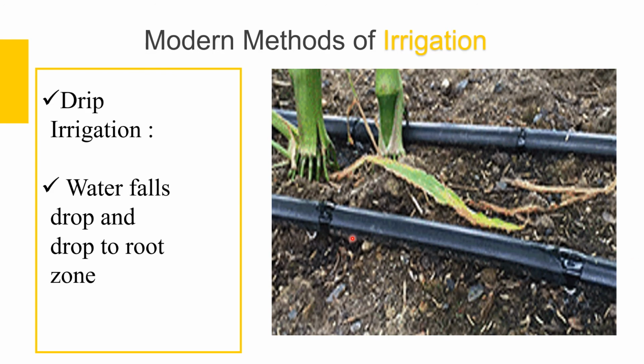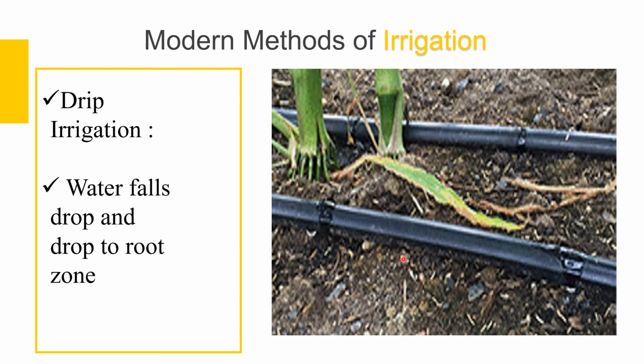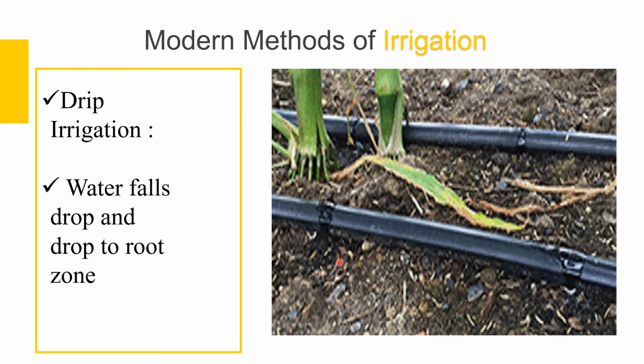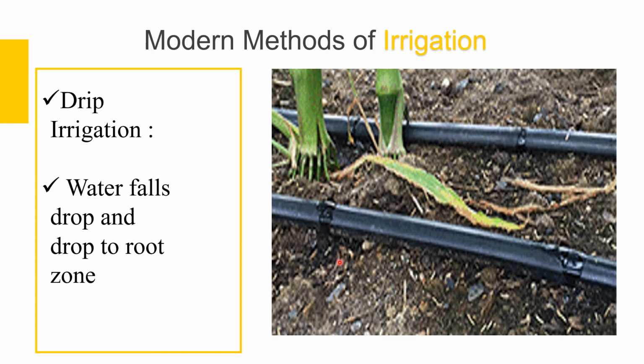As you can see in this picture, you can see the small hole from which the water is dripping. When water flows through the narrow pipes, it falls drop by drop at the position of the root of the plant. This water is absorbed by soil in the root zone of the plant and is utilized by plants. There is no runoff or wastage of water when we are following drip irrigation.